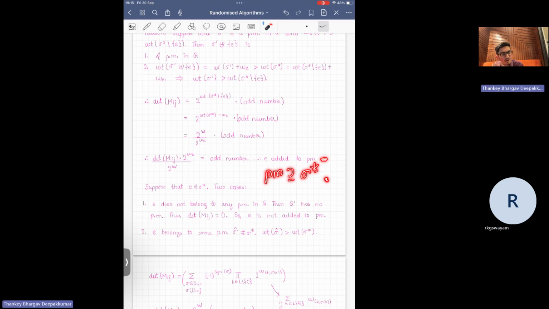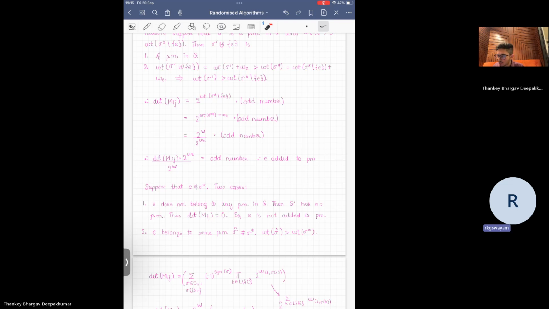So now let's look at any edge not in sigma star. Two options: it's either not in any perfect matching, or it is in some perfect matching other than sigma star. If it's in no other perfect matching, then the determinant would be 0, an even number, so we won't add it.